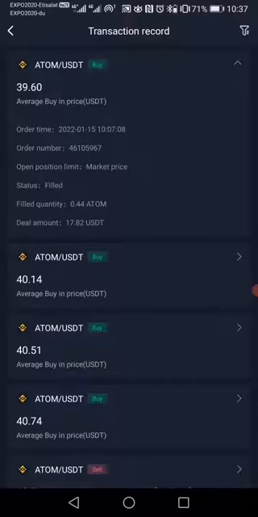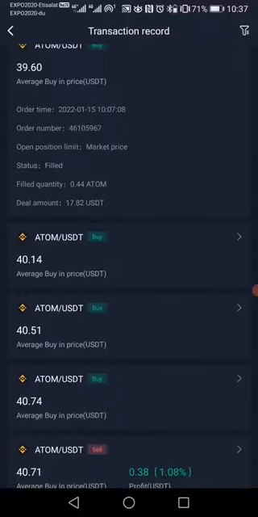It is worthy to note here that the robot does all the buying at market price. What does it mean? Once you set your margin configurations, your margin call drop, and once that margin call drop is attained, the robot automatically buys that coin for you.